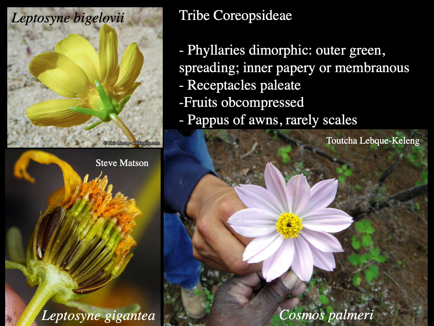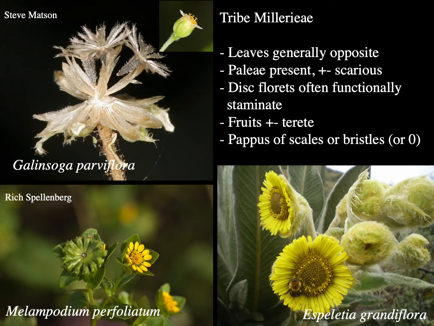So the pappus, if present, is generally of awns and rarely of scales in this particular tribe. Okay, so that's a brief survey of Coreopsids.